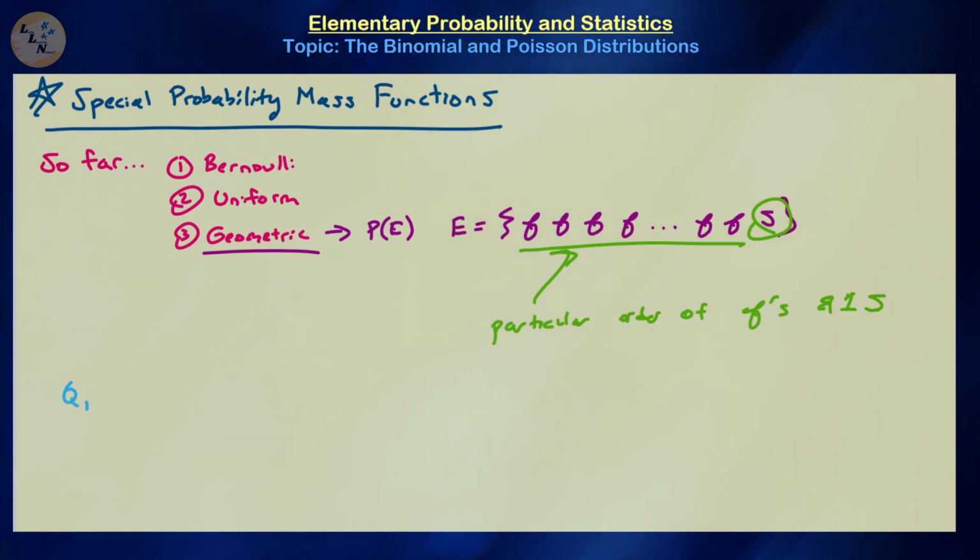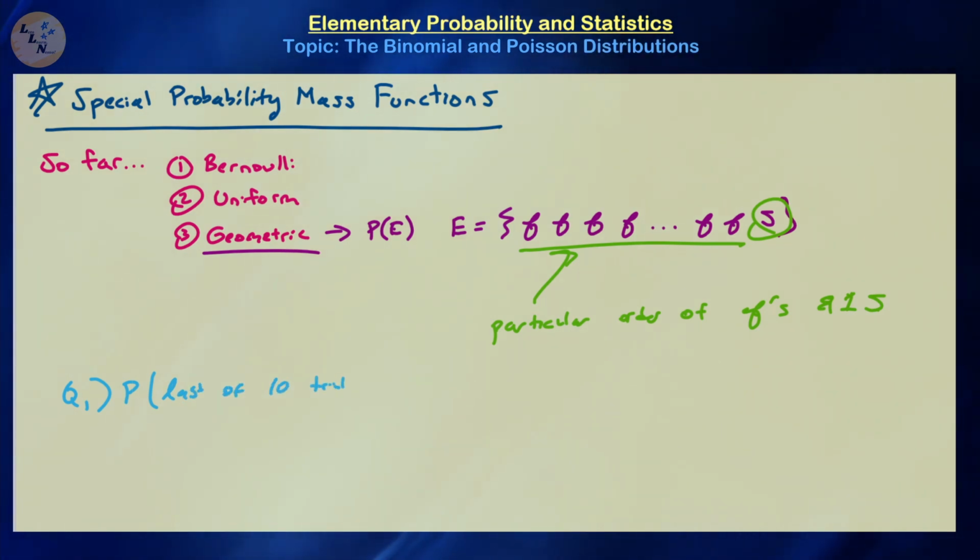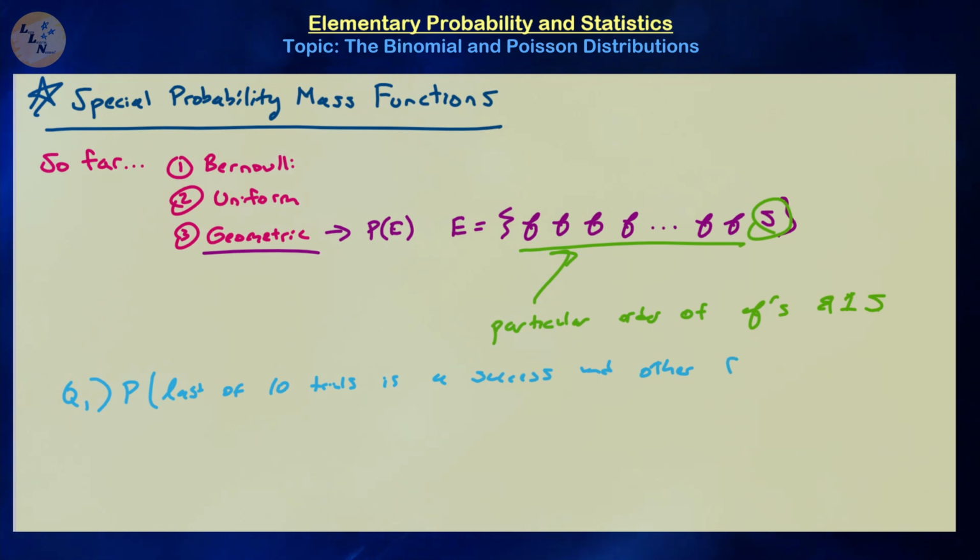Question variation 1: what is the probability that the last of 10 trials is a success and the other ones are failures?